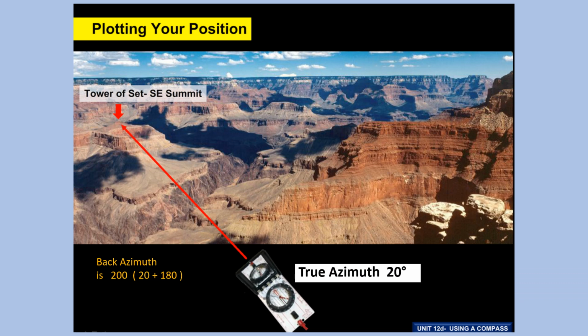Locating your position by triangulation involves plotting the back azimuth from two known reference points on your map.